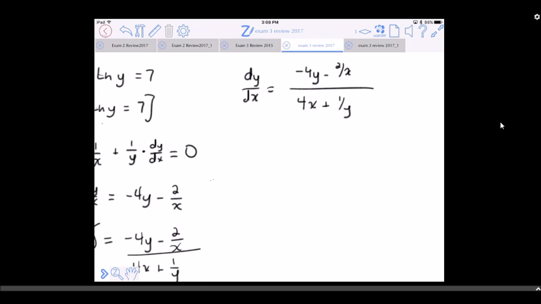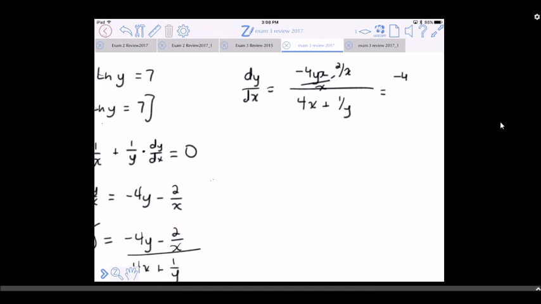So this one up here in the numerator, to combine that, the only way to subtract this is to have a common denominator, so I need to multiply this by x over x. So now it's negative 4yx over x minus 2 over x.